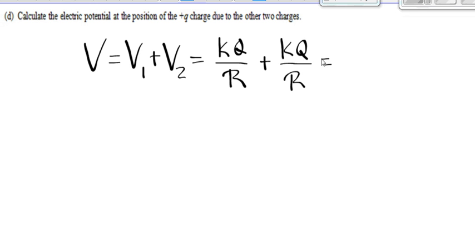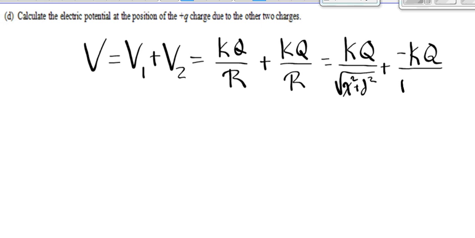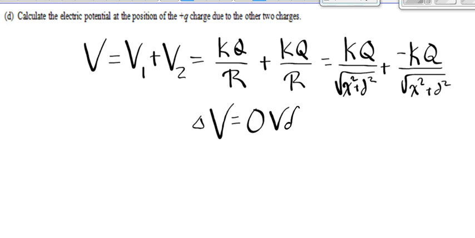Now, in this case, we have one that is positive Q, and the distance, don't forget the distance we found is the square root of x squared plus d squared. Plus, and then the second one is a minus Q with the same distance. So what do you get when you add these two things together? You get the total voltage, 0 volts.